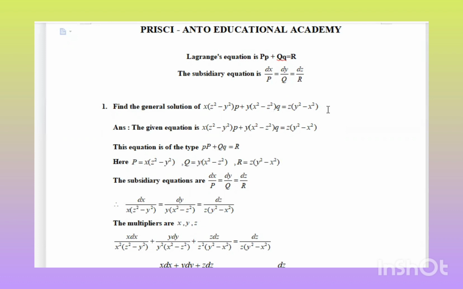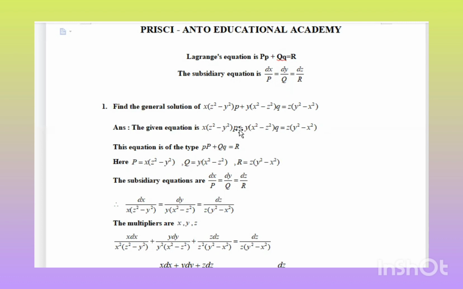First, you have to see the type of the given problem. So here, what is the type of the given problem? Pp plus Qq is equal to R. So x into (z square minus y square) into p, so capital P, small p.